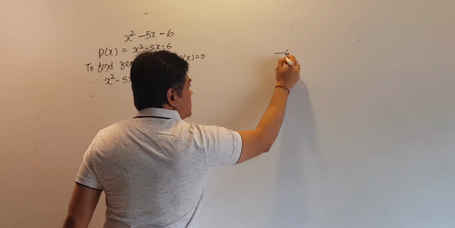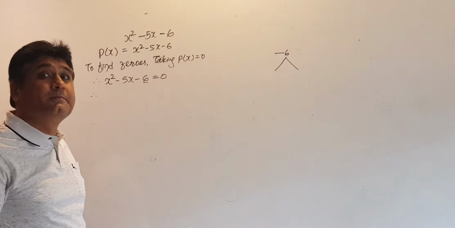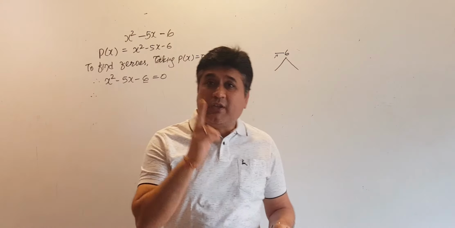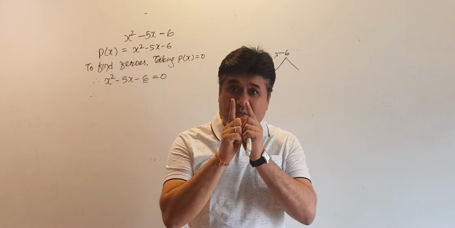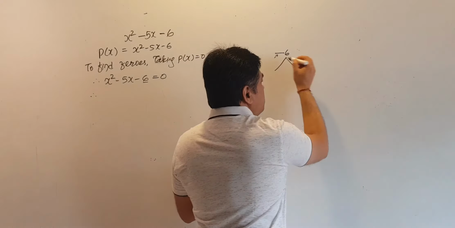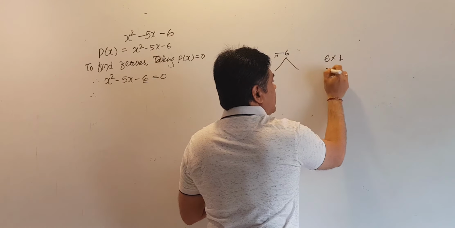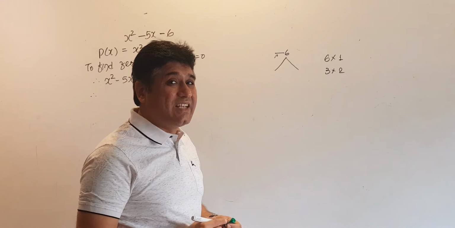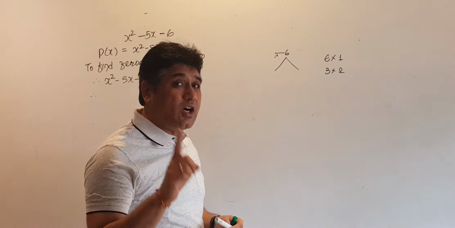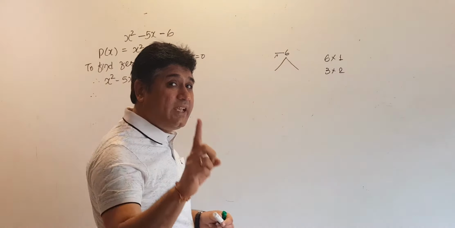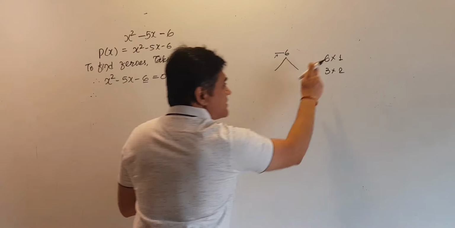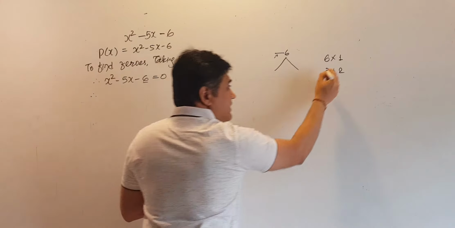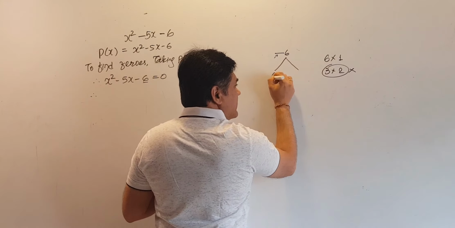Remember friends, the factors of minus 6. Have you observed? Both factors' subtraction must be the middle term. Now factors of 6 are 6 into 1 and 3 into 2. Yes. So which one will you take? Subtraction of two factors is minus 5. So 6 minus 1 is 5, and 3 minus 2 is 1. So we won't take this one. We will take this one.